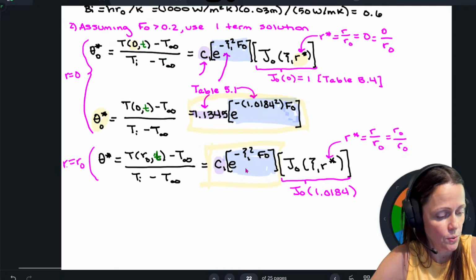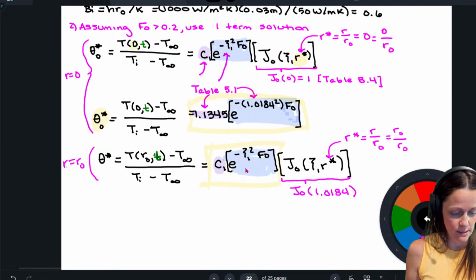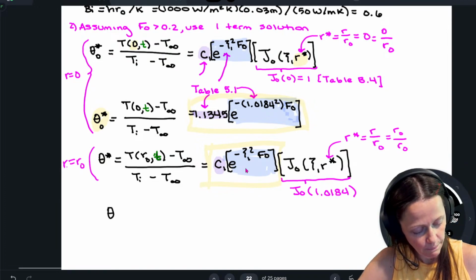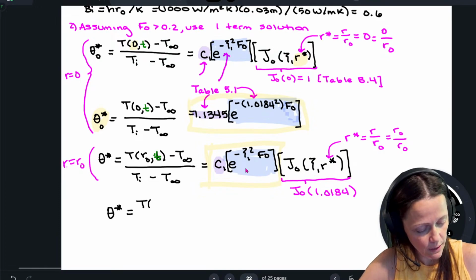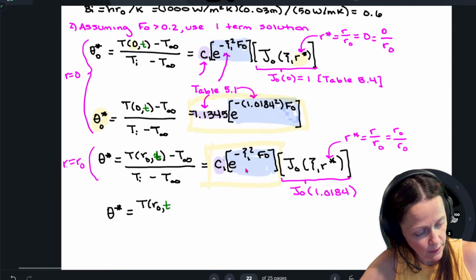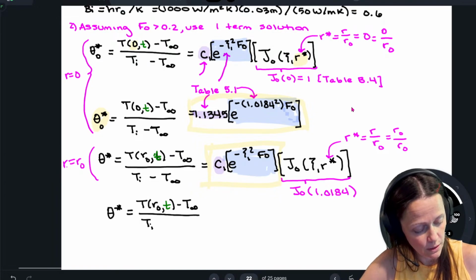So what I'm going to do is rewrite this. I'm going to rewrite it as, okay, well, this is theta star equal to T at r naught minus T infinity over T initial minus T infinity.